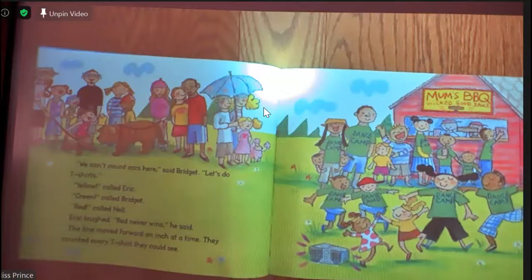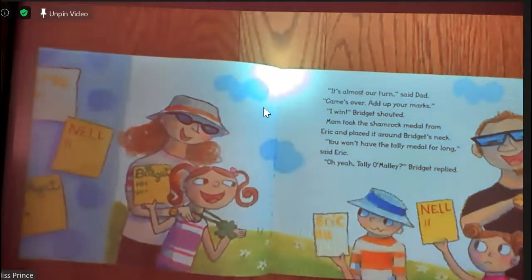The line moved forward. An inch at a time, they counted every t-shirt they could see. Whoa, it's almost our turn, said Dad. Game's over. Add up your marks. I win, said Bridget. Mom took the shamrock medal from Eric and placed it around Bridget's neck. You won't have the tally medal for long, said Eric. Oh, yeah, Tally O'Malley? Bridget replied.